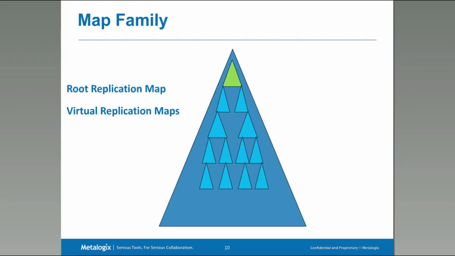Okay. And here again is this representation that we saw in the earlier course. Wherever you define your map family, that's where we call the root of the map. That's where the map is rooted. So that can either be at the web application level, site collection level, or the website itself. And everything else that's defined underneath of that, at that point, is a virtual map.